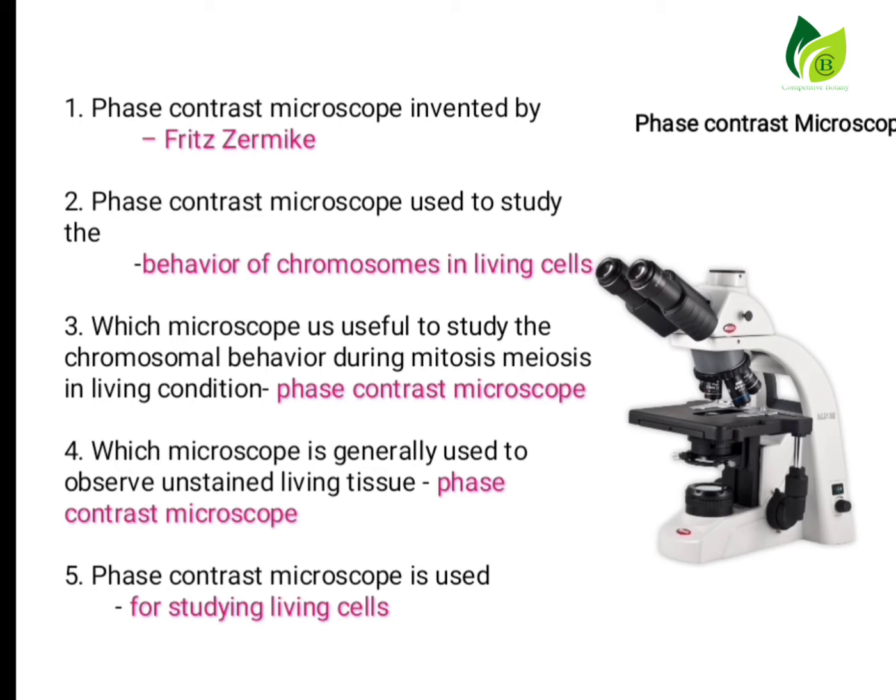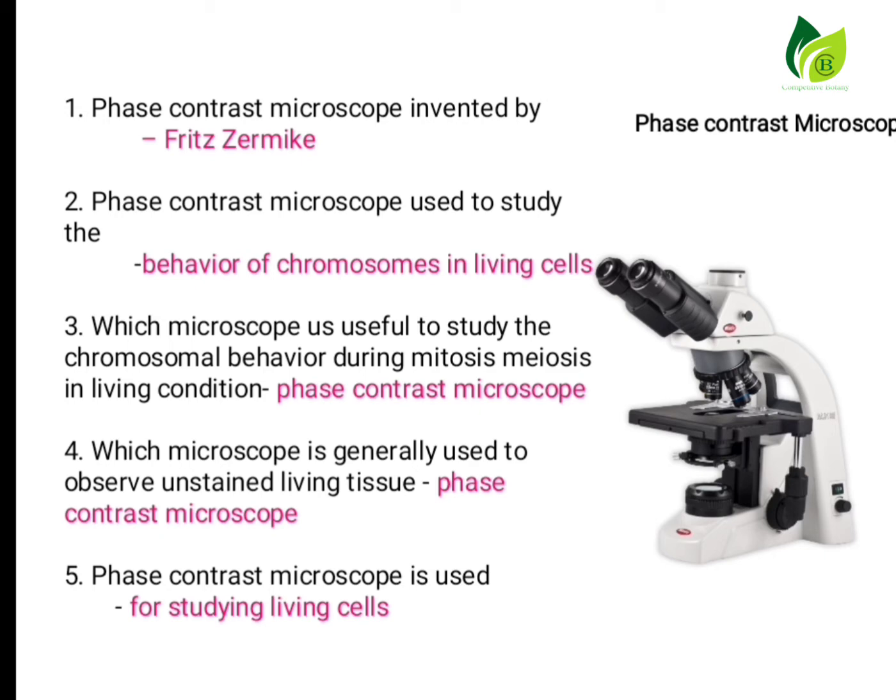You should remember. Next, the third question: which microscope is useful to study chromosomal behavior during mitosis or meiosis in living condition? You should remember the answer is the phase contrast microscope.